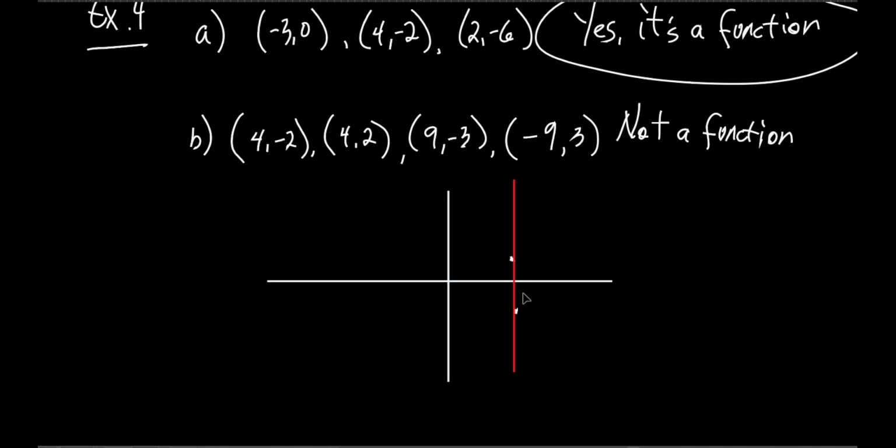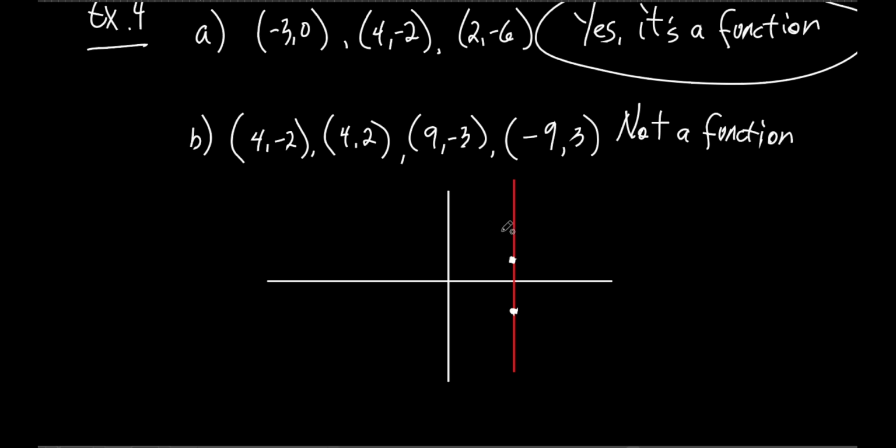So, let's do this. It bugs me that they're not exactly the same. So let's make that a little bigger. There we go. See how I drew a vertical line through both of those? That's called the vertical line test. If you can draw a vertical line through your graph, and it hits 2 separate points, that means x doesn't have exactly a unique y associated with it, right?